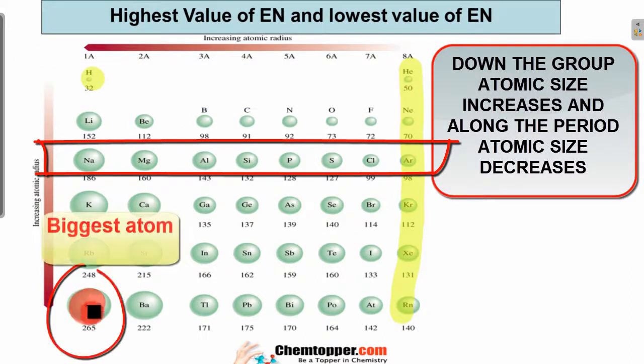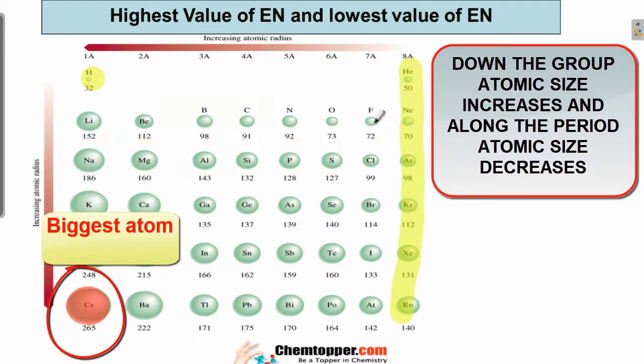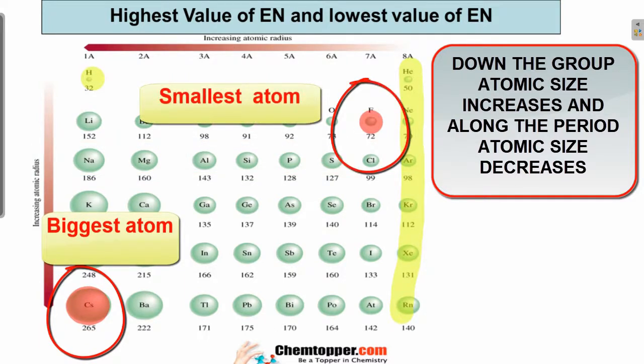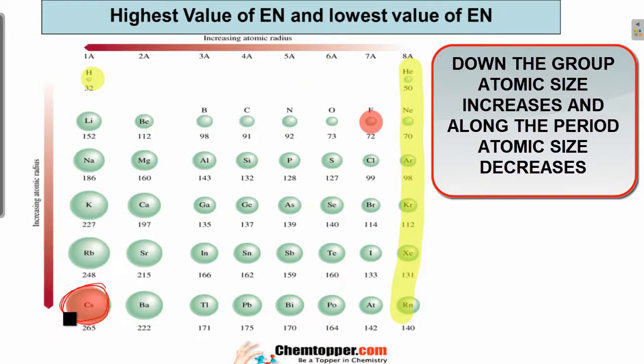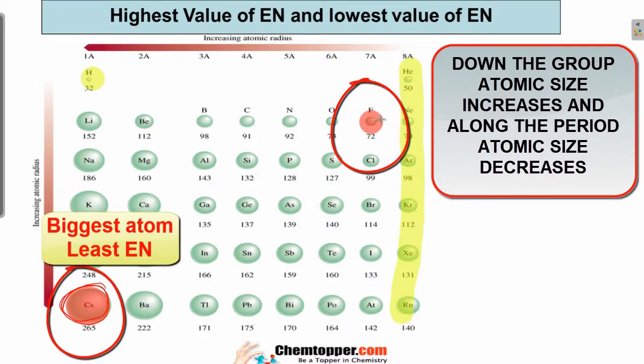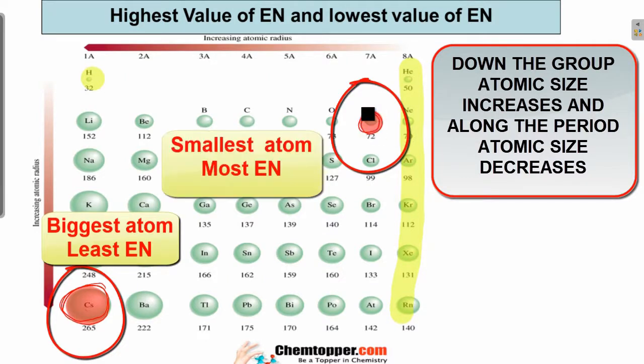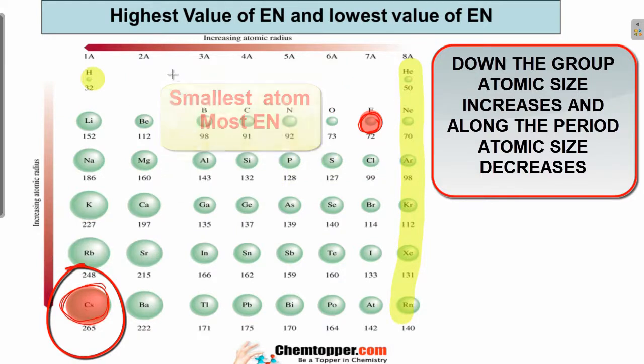It means cesium can be considered the biggest atom and fluorine the smallest atom of the periodic table. So cesium has the lowest tendency to attract the shared pair of electrons because of its big size, making it the least electronegative atom in the periodic table. Fluorine is the smallest atom with the highest tendency to attract the shared pair of electrons, so it is the most electronegative element of the periodic table.